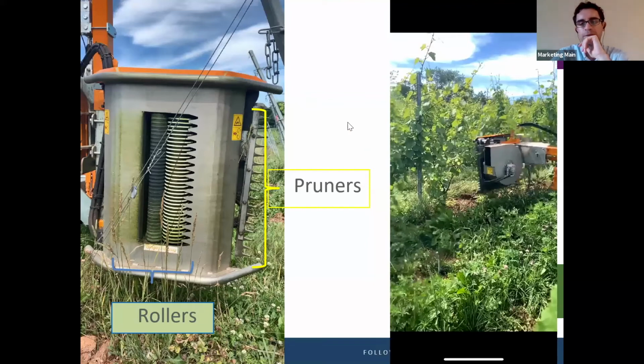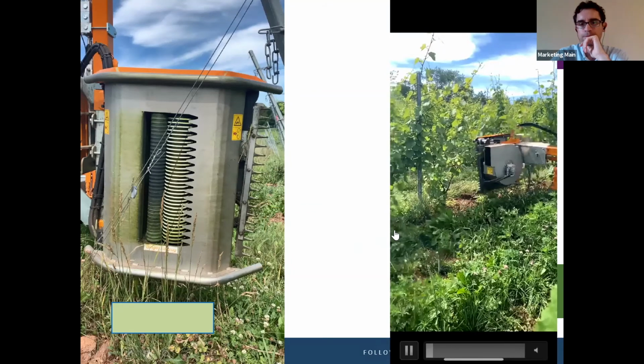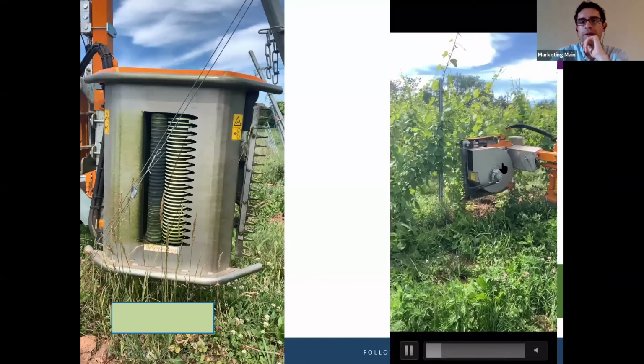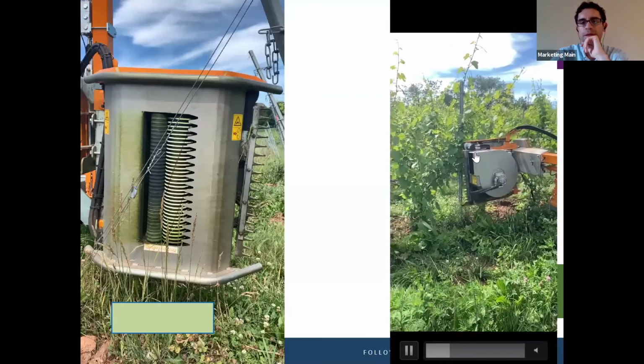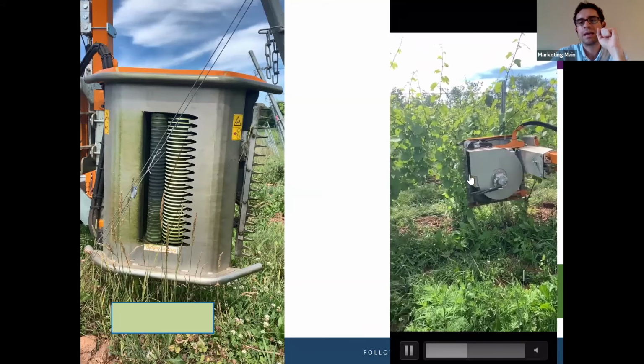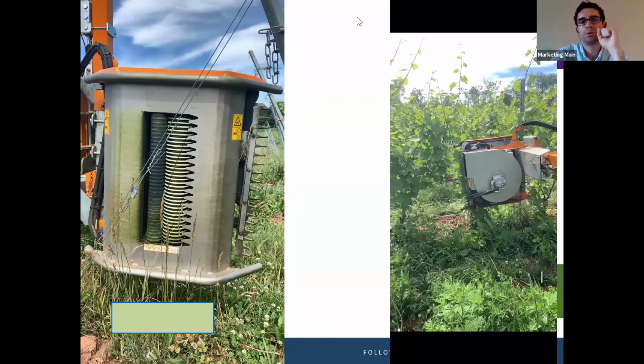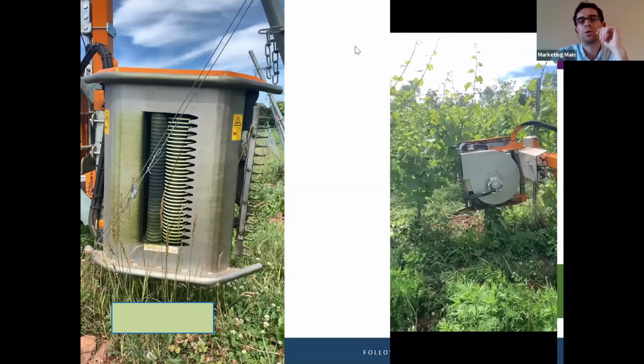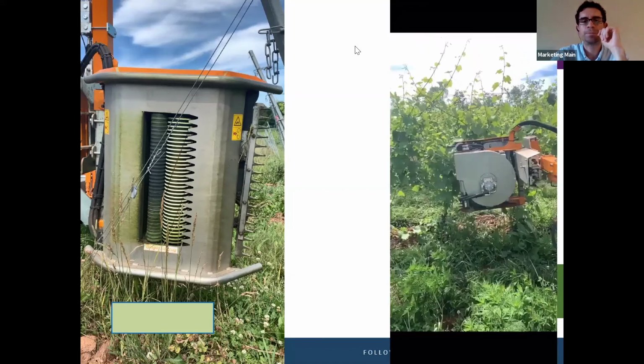You cannot see it, but you will see in this video. Here you can see how it's cutting. The rollers are pulling out the bunches, and this fan is helping to take out all the material.